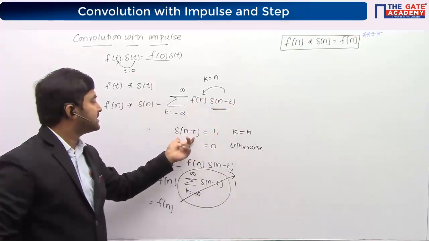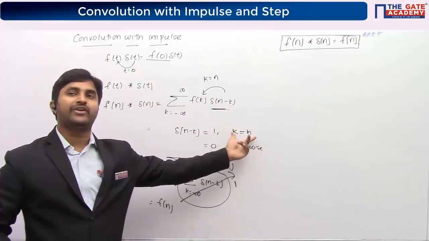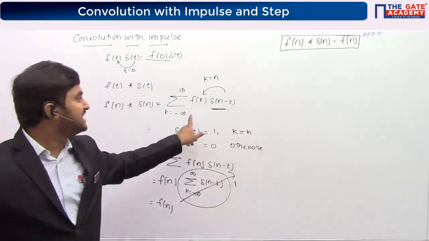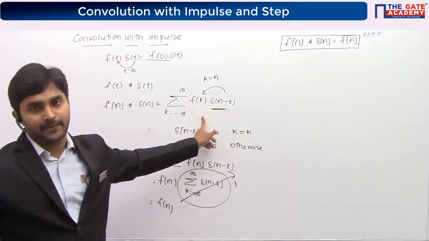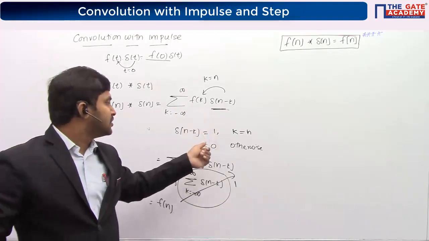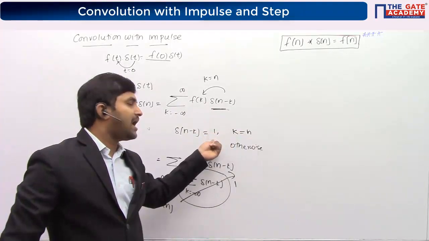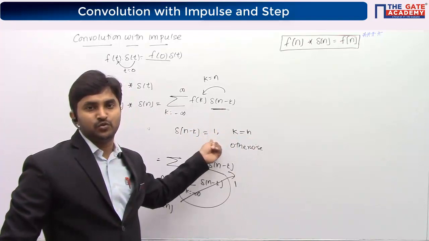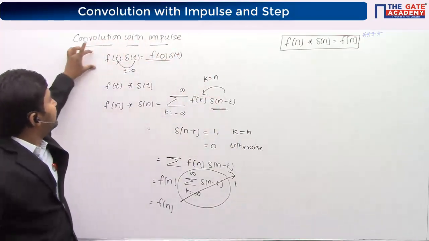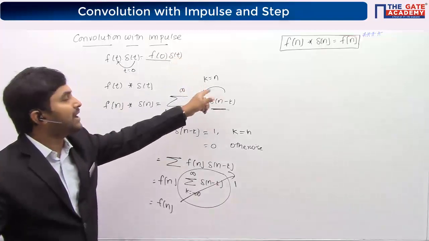It is equal to 1 for k equal to n. Why do we write k equal to n? Because inside the summation, k is the independent variable. So at k equal to n, the value of the impulse is 1. The same concept we have learned here is applied here.